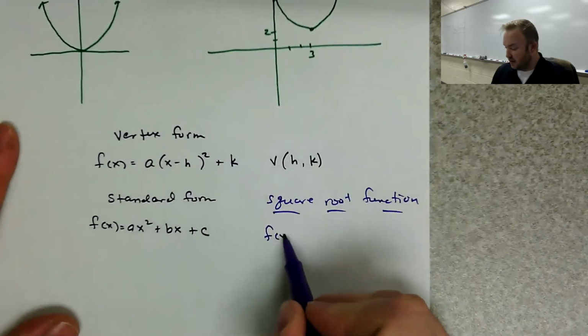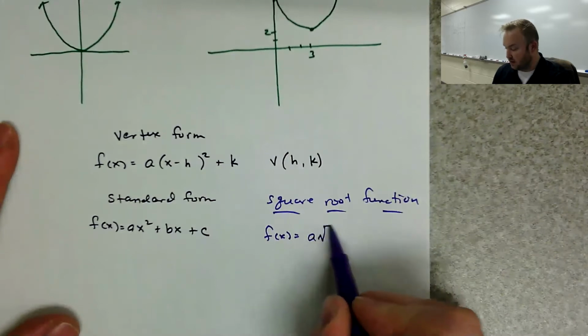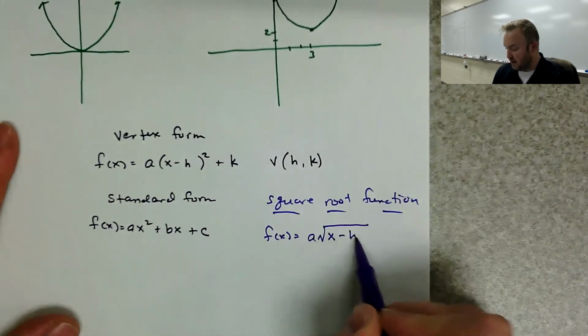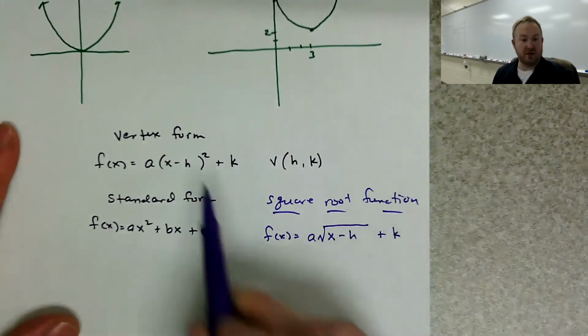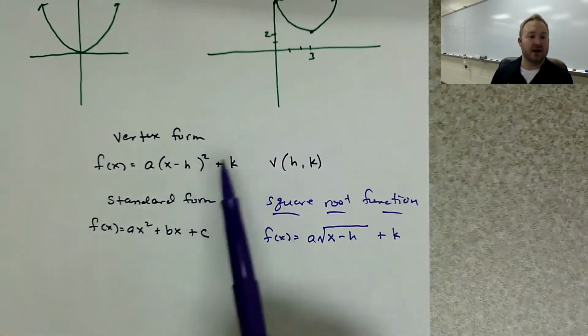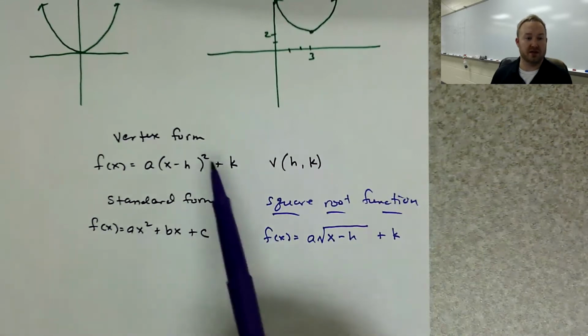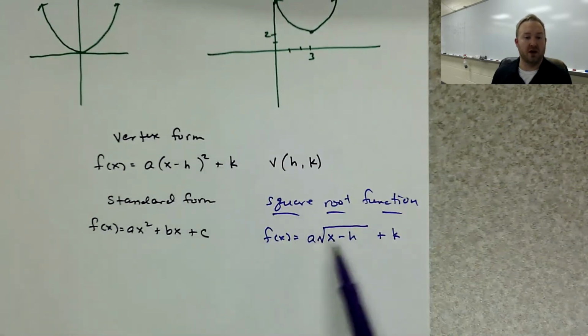It's just instead of this quantity being squared, that quantity is going to be inside of a square root. See the relation there? It's a different shape of a graph, and actually it's not even that different of a shape. It's pretty much the same thing. But the form of the function is going to look really similar, okay? Just instead of squaring that quantity, we're taking the square root of that quantity.